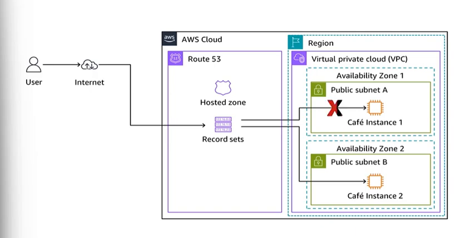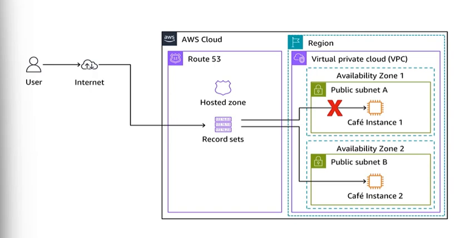So if the primary instance goes down for any reason, the secondary instance running in availability zone 2 will take over the handling of the requests so that the users will not be affected.